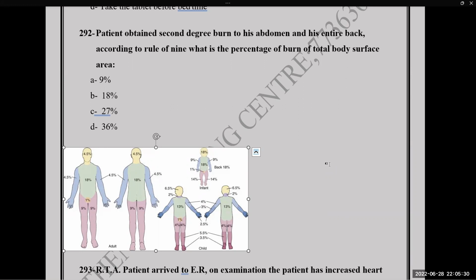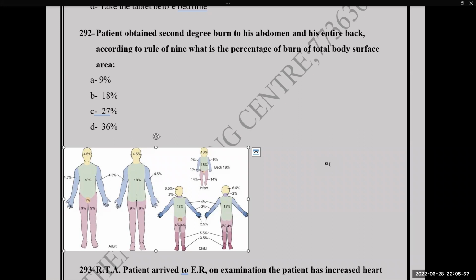Here only abdomen is affected, so you can take half, only 9. So that is 27. Exactly. So the answer is 27. Clear? The entire anterior chest is 18, that means upper chest with abdomen. So here only abdomen is affected. So you can take 9.